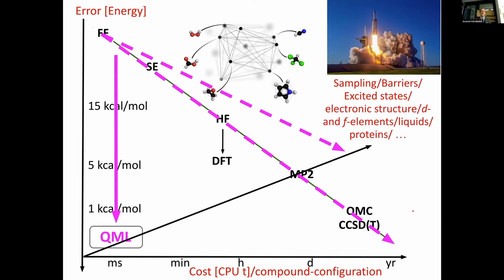Now things will get really bad if you start going beyond just fixed configuration, single point calculations. We want to relax the structures, we want to run molecular dynamics, we want to study phase diagrams, we want to do much more than just solving the electronic Schrödinger equation for a given configuration.